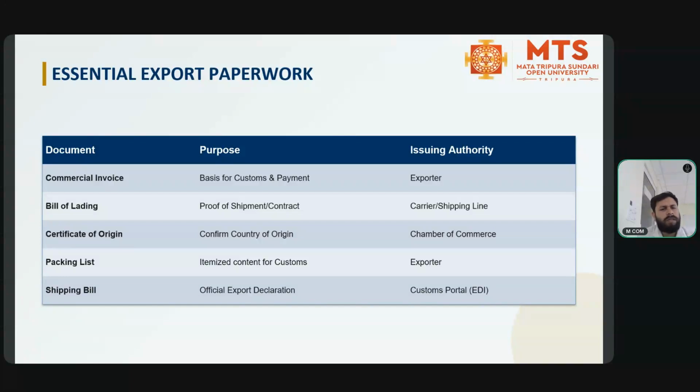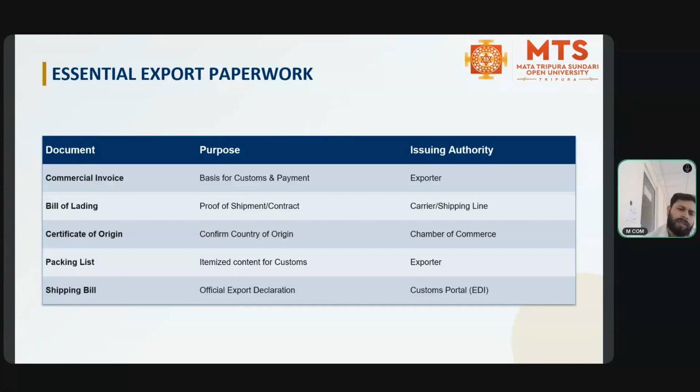First, the commercial invoice is required. It serves as a basis for customs and payment. The issuing authority is the exporter. Bill of lading, proof of shipment or contract. The issuing authority will be the carrier on which you are sending the product. Certificate of origin, confirming the country of origin.